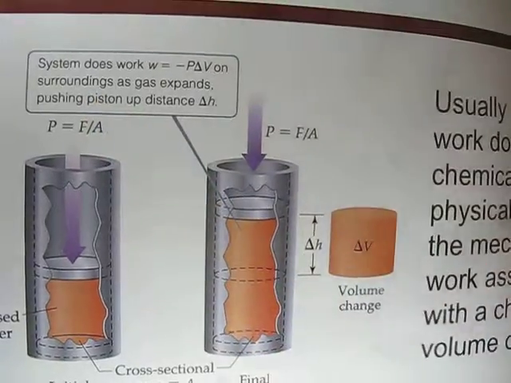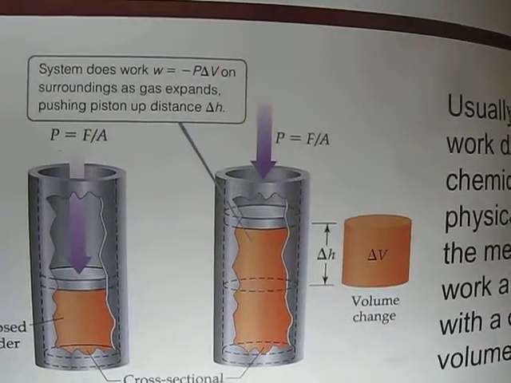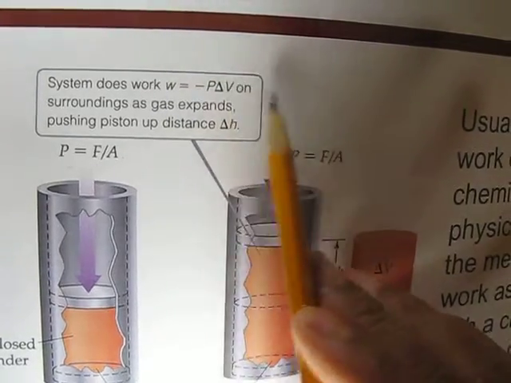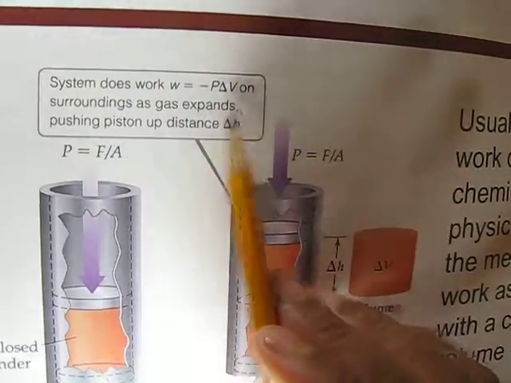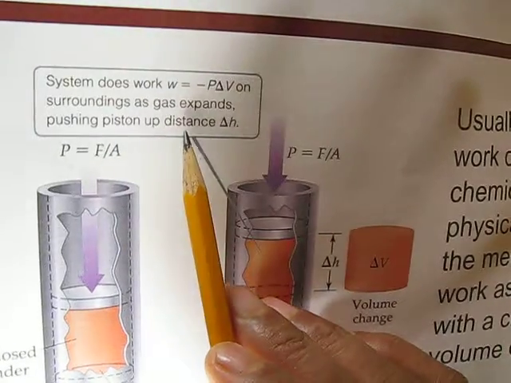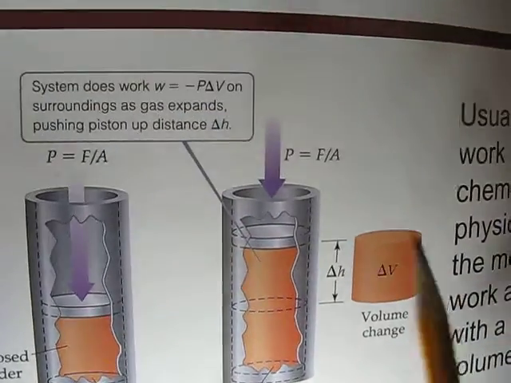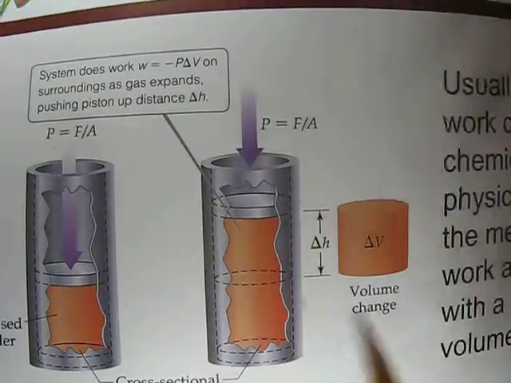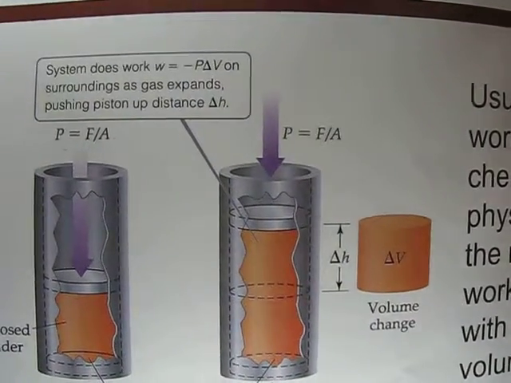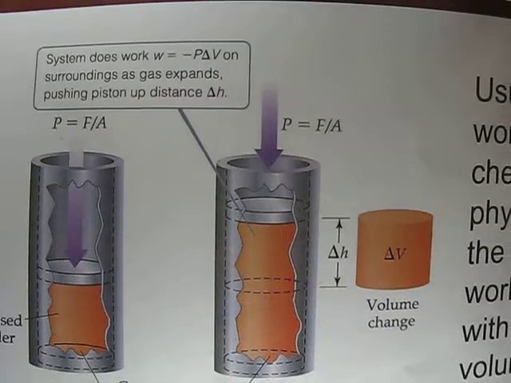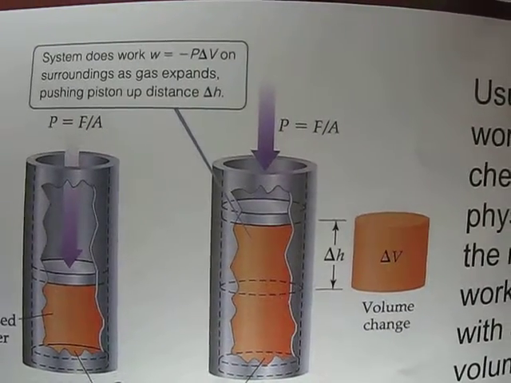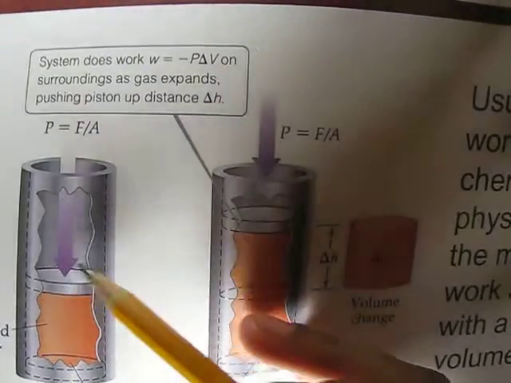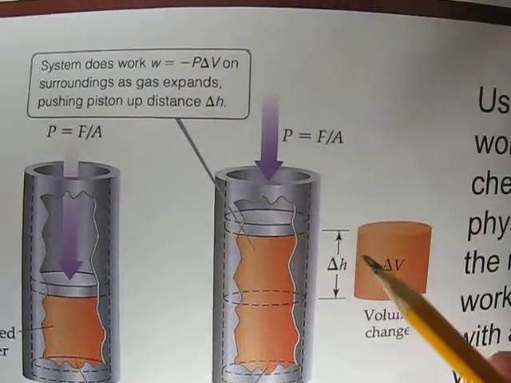So the system does work W equal to minus P delta V on the surroundings as the gas expands, pushing the piston up a distance delta H. This is the formula for calculating the work when a system containing a gas works on the piston and changes its height from the initial state to above.